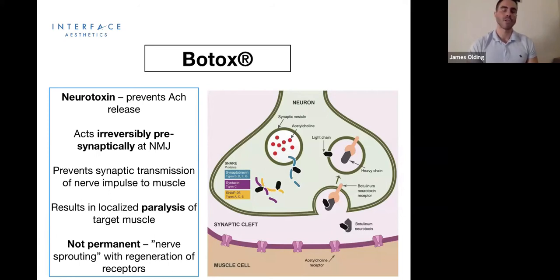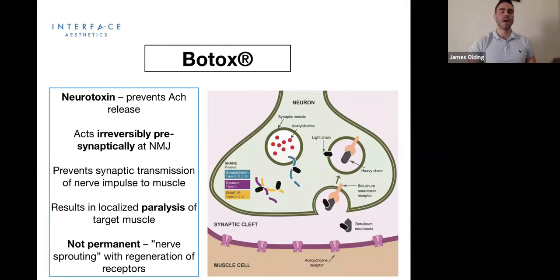So basically, botulinum toxin blocks that from happening. So that's really important if you understand. It acts presynaptically and prevents transmission at the neuromuscular junction. The result of this is localized paralysis, as you would probably expect. So it only affects the muscle which is supplied by that nerve. And importantly, it's not permanent.